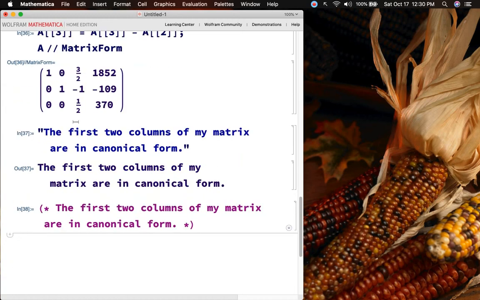So now I need to begin working on the third column.